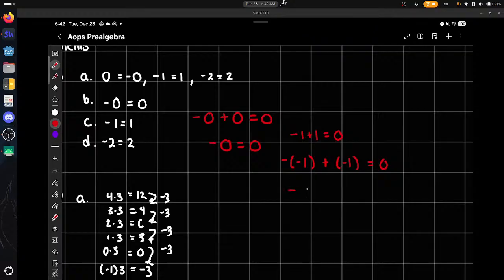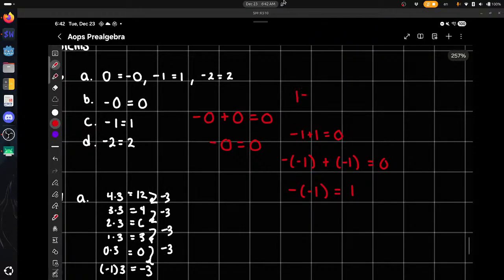So we know that 1... Okay, I think I get what they're saying, because a positive 1 can be expanded to be the double negation.